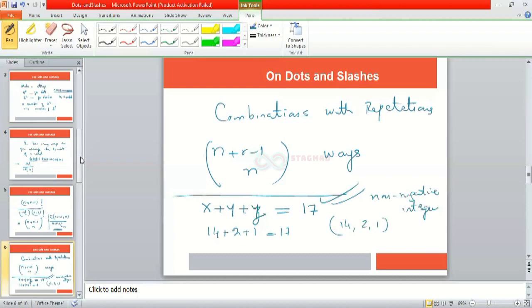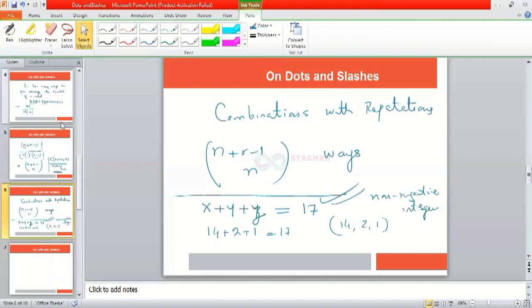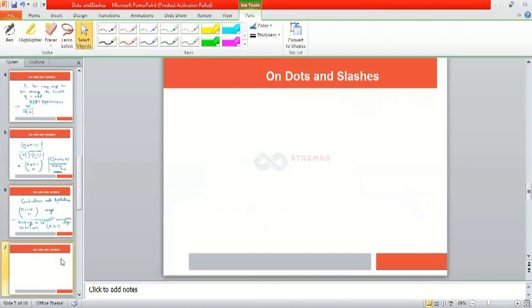In the spirit of what I did earlier, where the last kid could get 0 chocolates, you could also give 0 to one or two of the variables. So 17 plus 0 plus 0 is also a solution. It reminds us of the Ramanujan partition function kind of a thing.